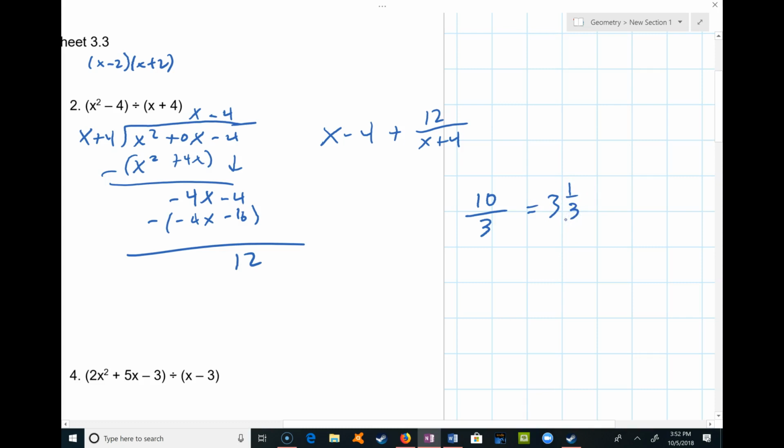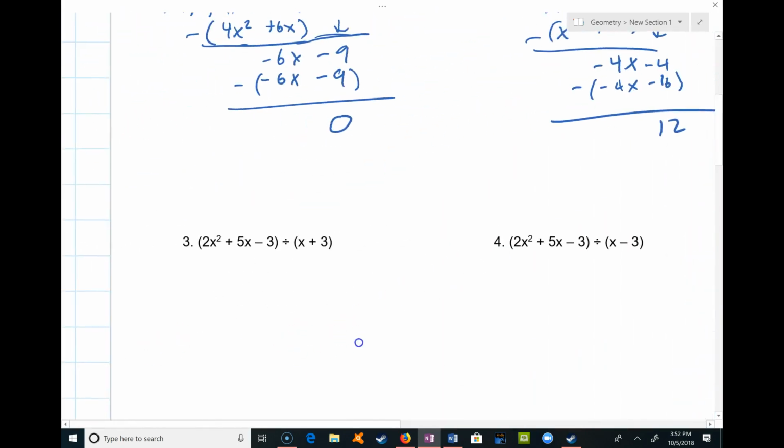So you see how the 3 is kind of like the x minus 4, and the 1 is like the 12. That's the remainder. And of course, the 3 in the denominator and the x plus 4 go together. So we took x squared minus 4 divided by x plus 4 and rewrote it like that as a mixed number, so to speak.